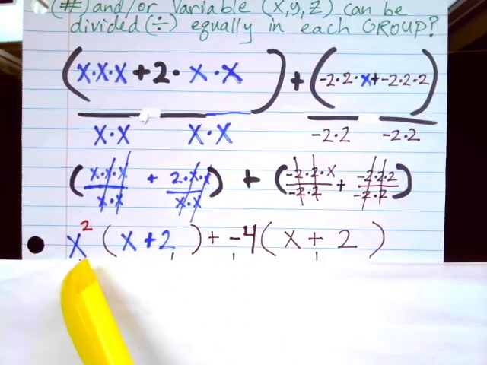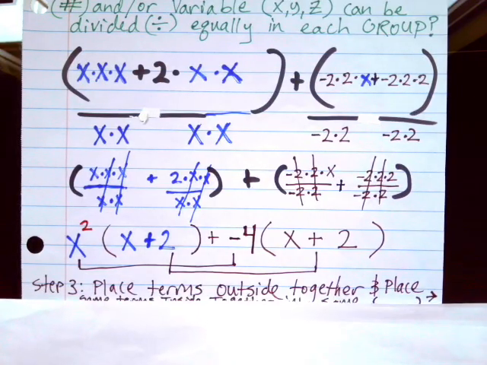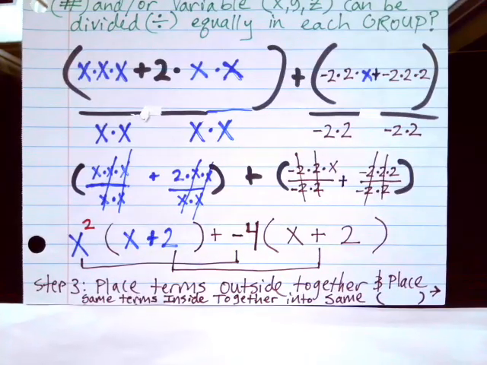That was an x squared. So I'm going to keep that on the outside of the parentheses. You want to place those terms that you divided on the outside, and the remainder is going to stay on the inside.